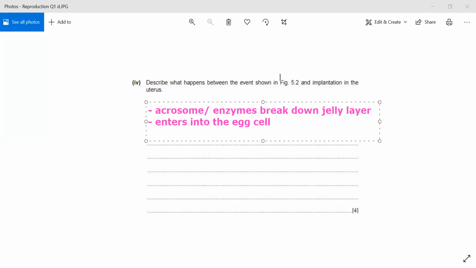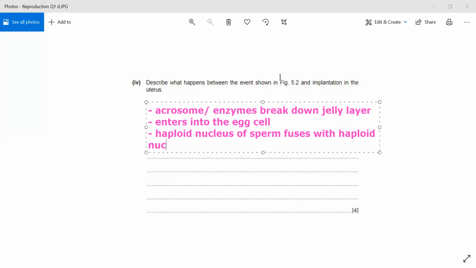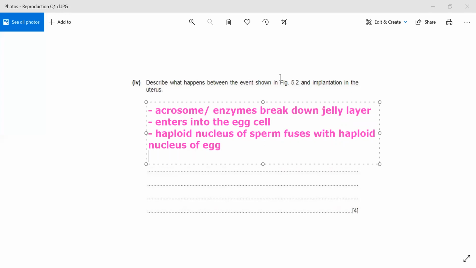Okay, yes, here it is very important to talk about fusion of haploid nuclei. Not only does the sperm fuse with the egg, the haploid nucleus of the sperm fuses with the haploid nucleus of the egg. So when they get fused, what will happen?